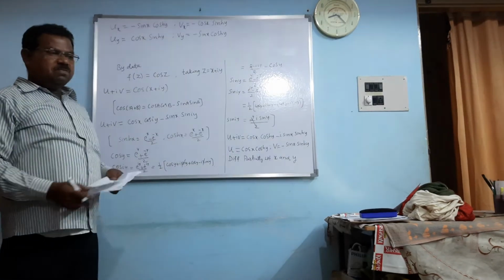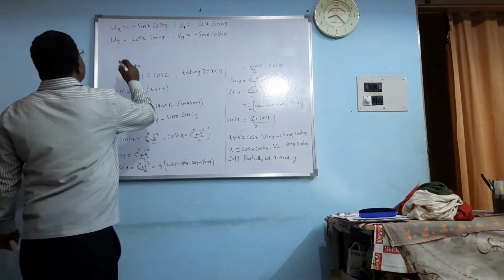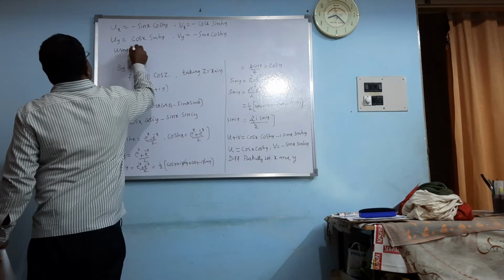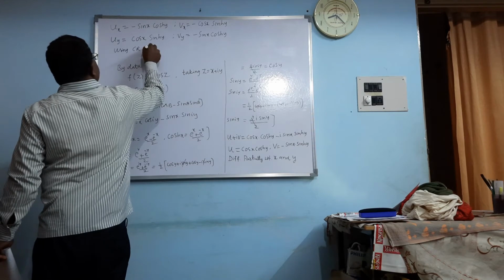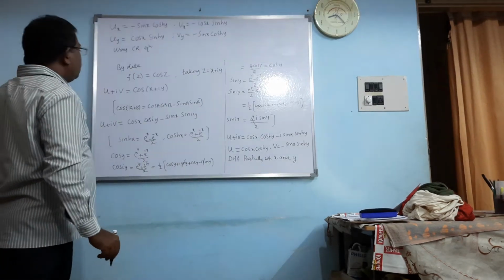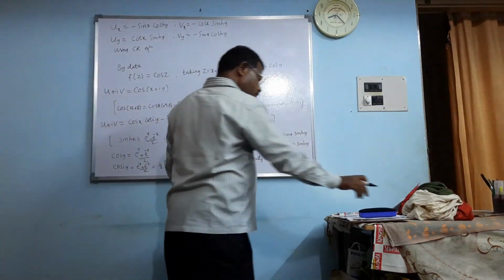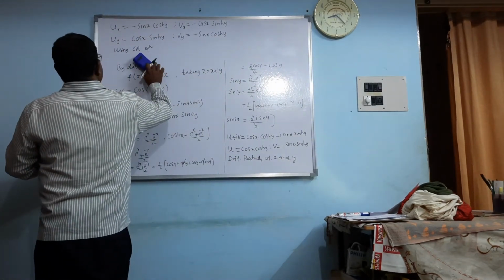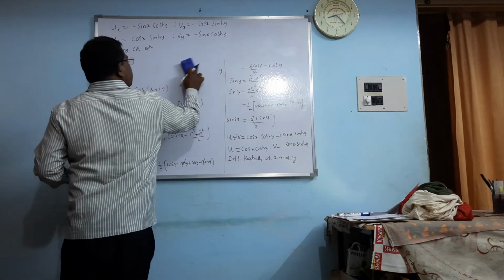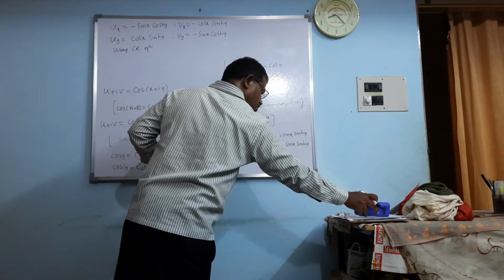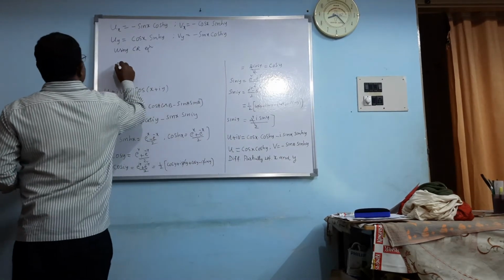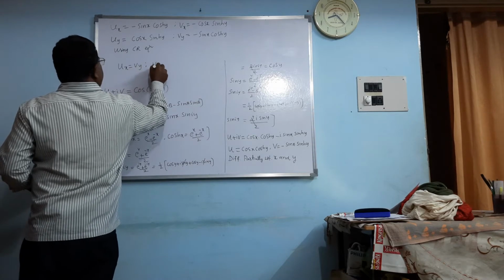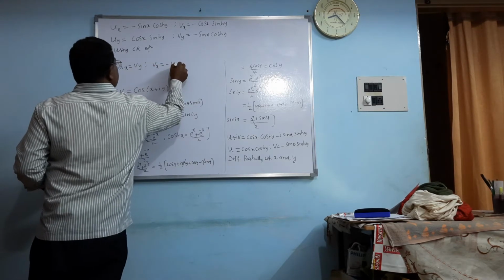Next, using the CR equation, which you already know: ux equals vy, vx equals minus uy.